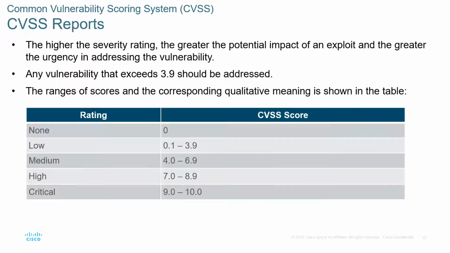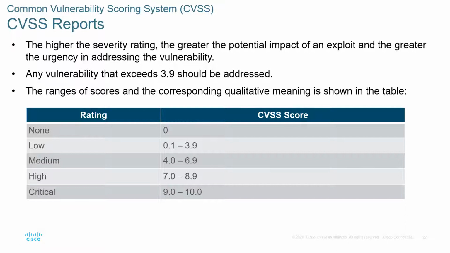So how do these ratings work? Well, the higher the severity rating, the greater the potential impact of an exploit or the greater the urgency in addressing the vulnerabilities. Any vulnerability that exceeds 3.9 should be addressed. So that's what's defined as a low vulnerability. The ranges of those scores and the corresponding qualitative meaning is shown here. So if you see anything above a 3.9 when you're doing your vulnerability assessments, that's something that you should try to take care of.